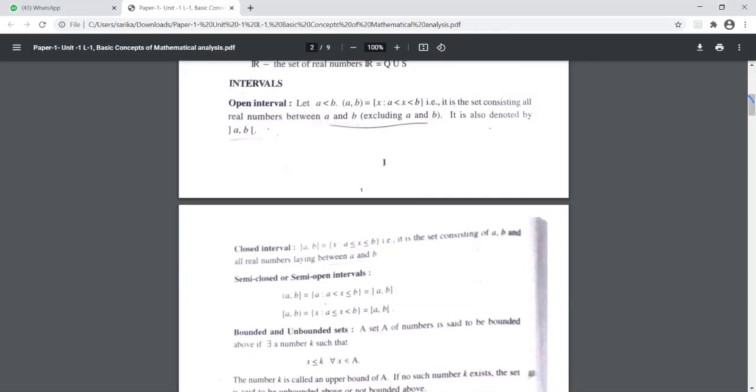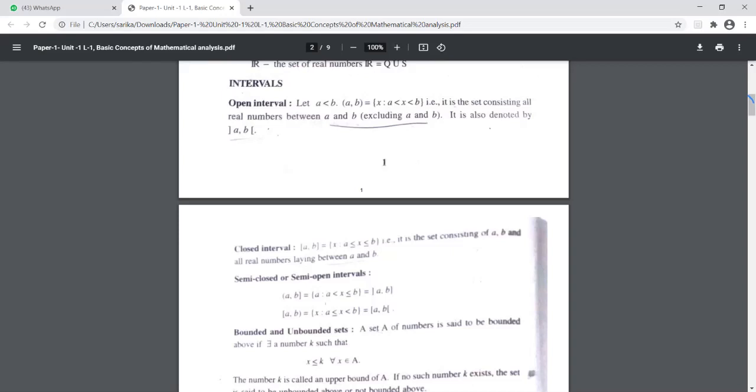That is, it is a set consisting of all real numbers between a and b, excluding a and b. It is denoted either with open brackets or with small brackets. This is known as an open interval. So an open interval will contain all the elements between a and b except a and b.